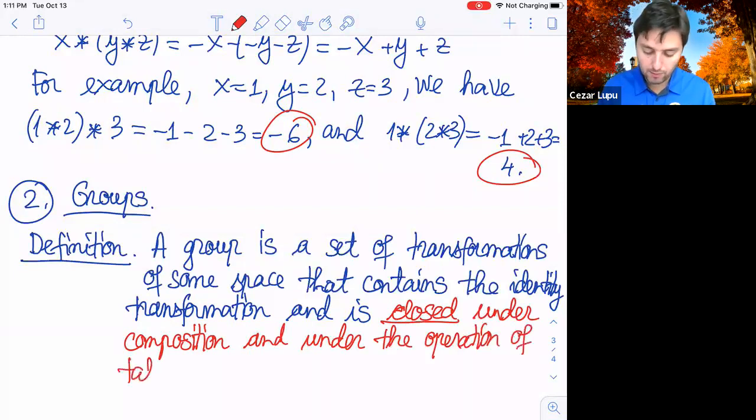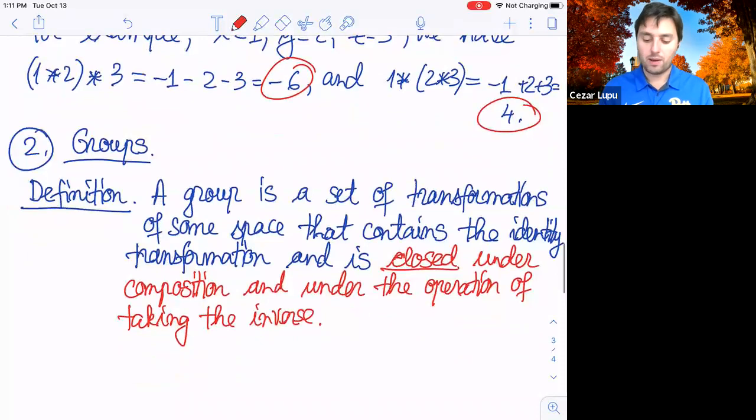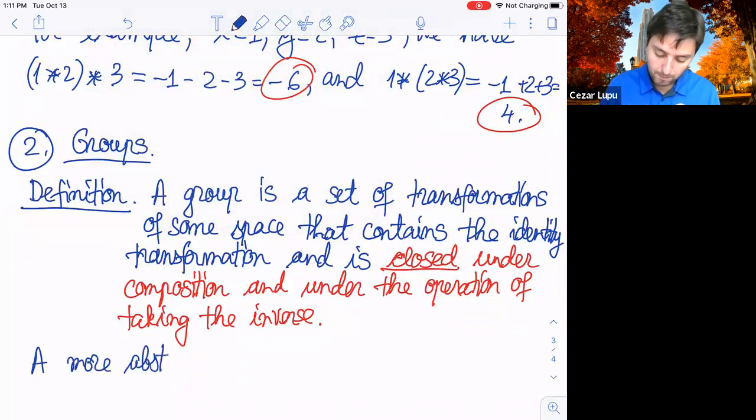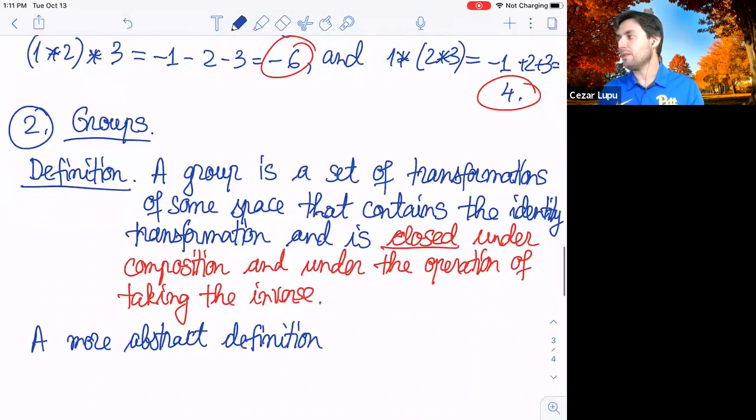Okay, and now we can give a formal definition as well. So a more abstract definition of a group is the following.